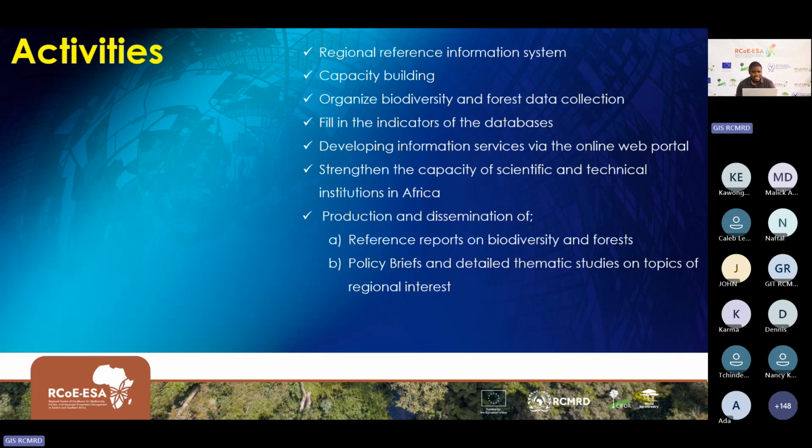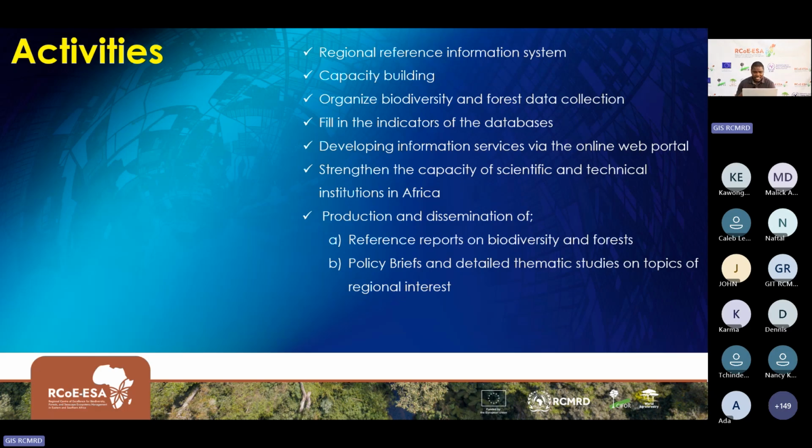So we have different activities that we are undertaking under this project. Quite a number of them are highlighted here. One is capacity building. Among the different aspects, the training we are conducting is part of the capacity building. Once you have this capacity, it becomes easy for you to work around organizing biodiversity and forest data, or how to go about collecting the data for this ecosystem, which can then be used to transition to policy formulation, or plans or guidelines on how our different ecosystems can be managed sustainably.